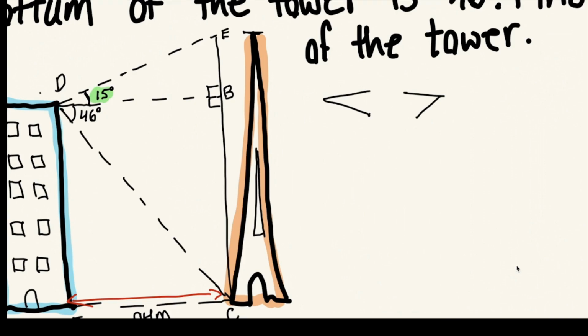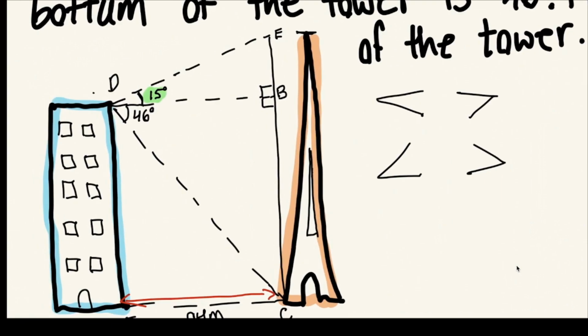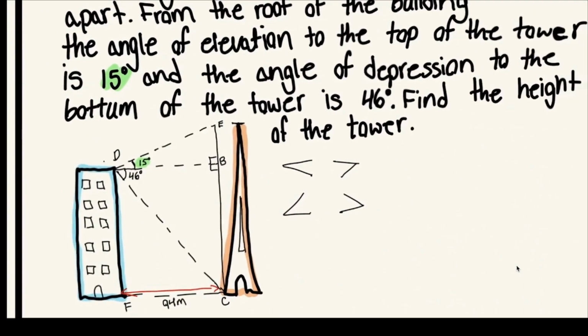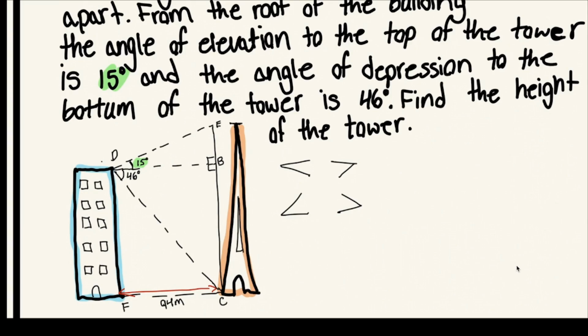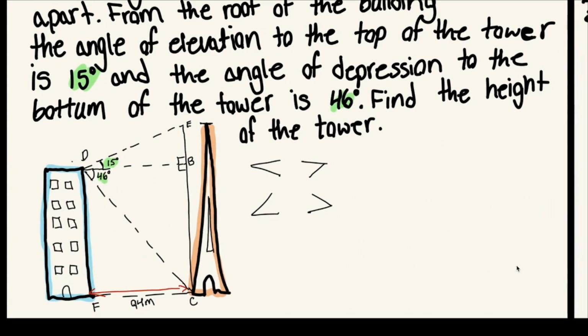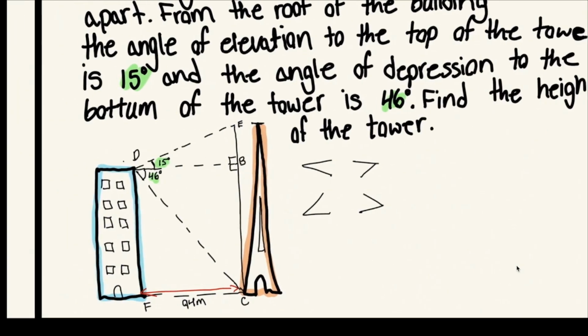And angle of elevation can look like this or like this, right? It's just in an upwards position. Angle of depression is in a downwards position, just like in the word depression, down, and elevation going up. So that's why the bottom of the tower is 46, so that's the angle of depression right there. And now they want us to find the height of the tower.